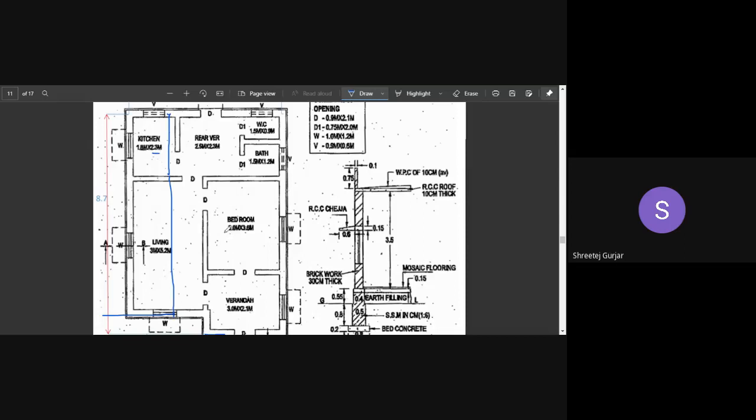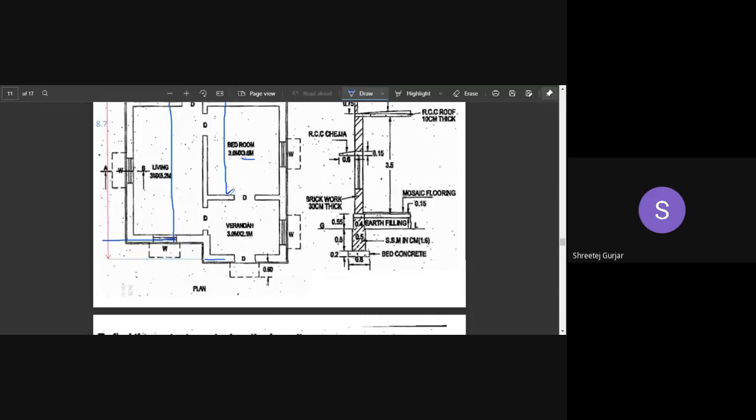So what I'll do is I'll continue it from here. So 0.2 meters, that is your wall thickness we have considered. Then this 2.3 meters, that is your internal rear veranda length. Then this is 0.15. So I will continue from here. So it is bedroom internal distance 3.6. I have to add then your wall thickness, that is 0.2, right?